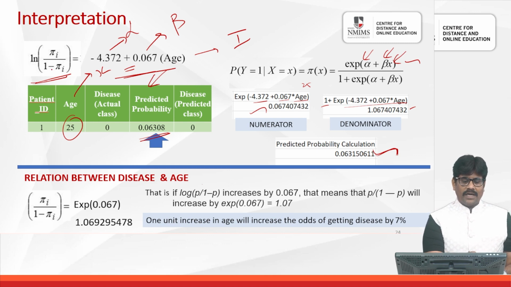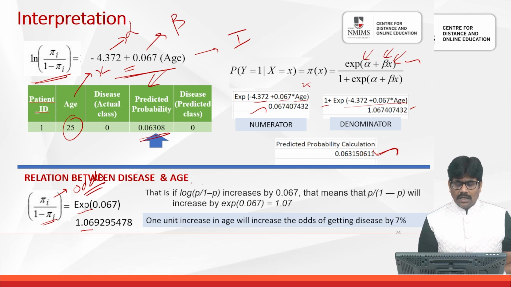Now ln of pi i divided by 1 minus pi i is equal to 0.067 into age. But if I want to drop the ln, then I need to take the exponential, and hence it becomes pi i divided by 1 minus pi i is equal to exponential of 0.067, which amounts to 1.069, and so forth. Now pi i divided by 1 minus pi i is nothing but odds. How to understand the relationship?